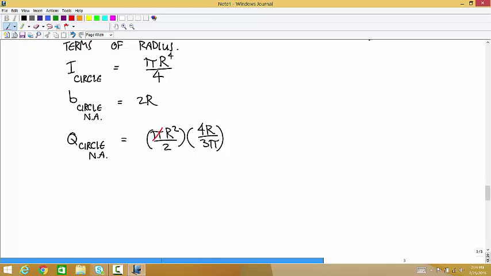So the pi's cancel out. The 2 cancels and makes the one in the numerator a 2. And so you get 2r cubed over 3.